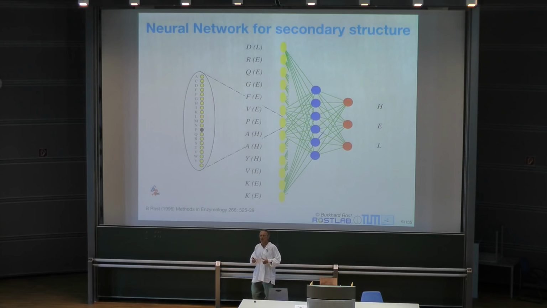If these correlations completely reflect reality, then that's a good thing to do. If not, then the neural network or the machine learning device, whatever it is, first has to sort of learn this correlation, to untangle this correlation. And then it can learn how this correlation relates to secondary structure. And that turned out, I believe, to be the problem here.